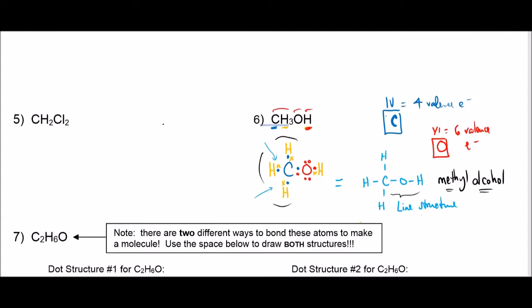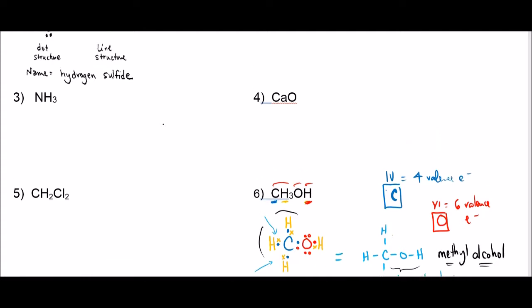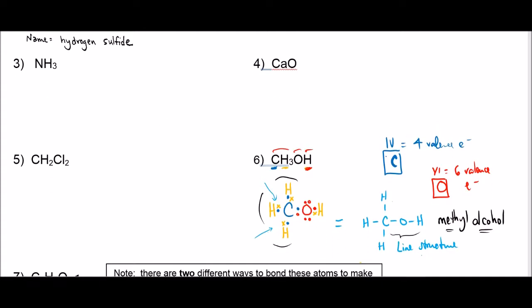Okay, the next one I'm going to do for you is number 4. Number 4 is not a molecule. Number 4 is an ionic substance. Calcium is a metal. Oxygen is a non-metal.